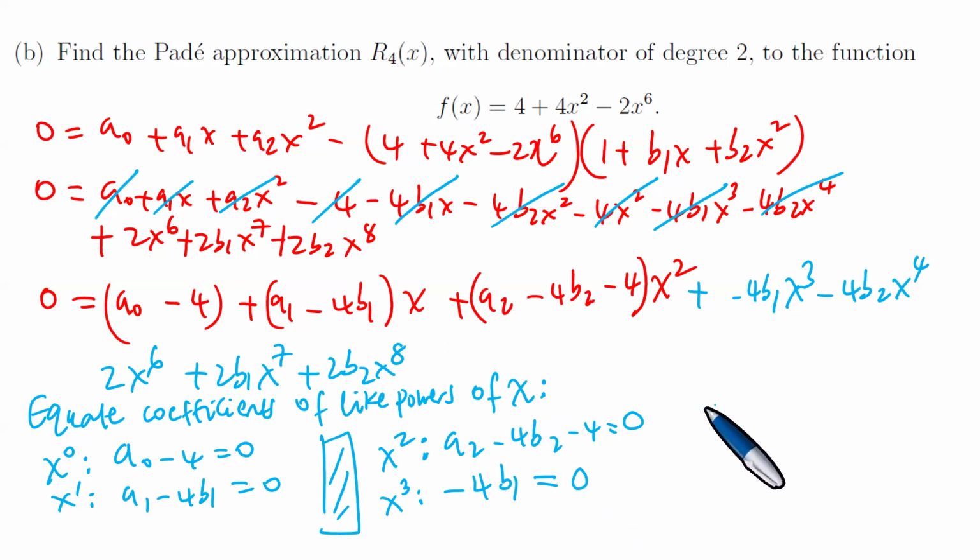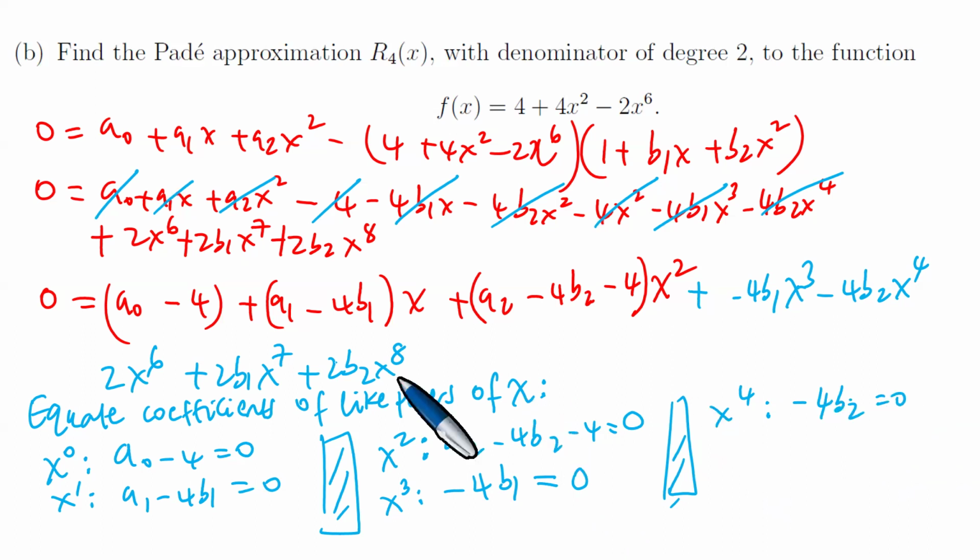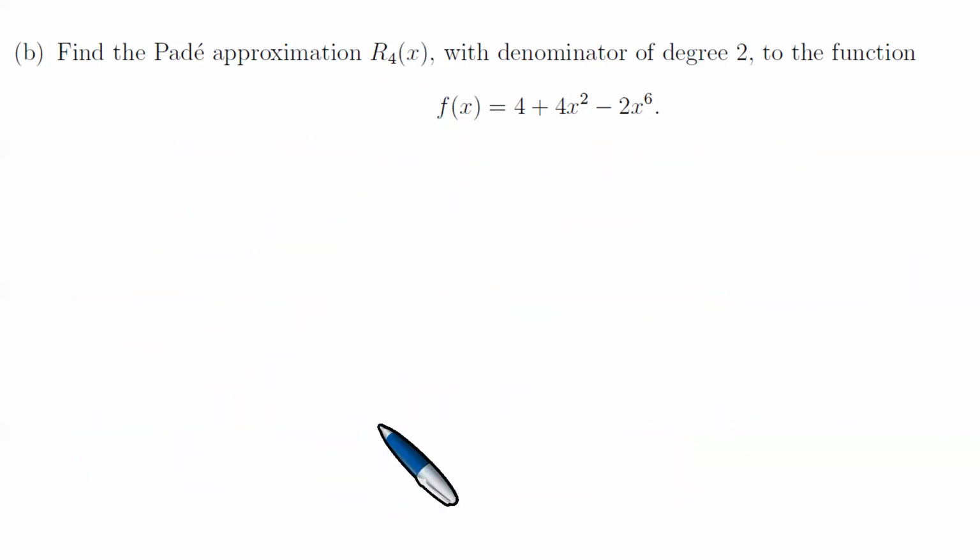And then you also have x to the fourth power, which is going to give us minus 4b2 equals 0. Okay, we equate everything to 0 because there's 0 on the left side of the equation. Now we stop at x to the power 4 because it is R4 of x, and we ignore the higher powers.